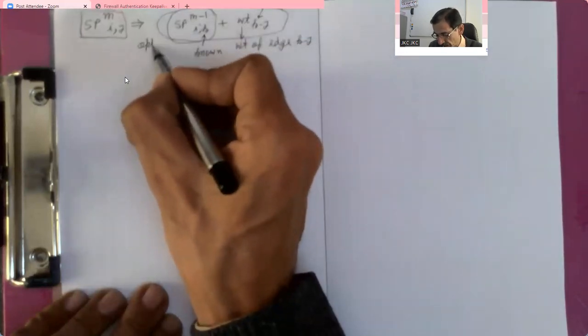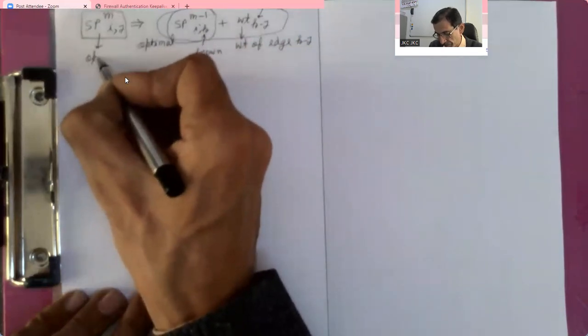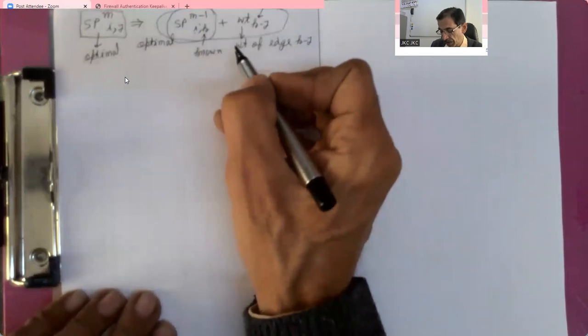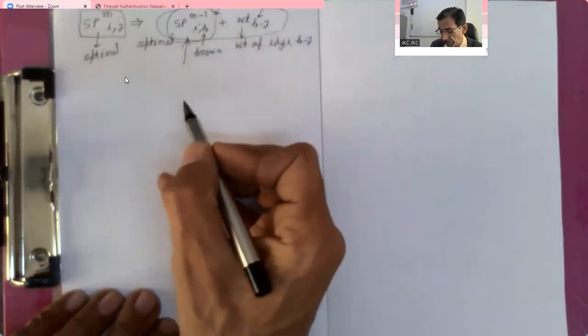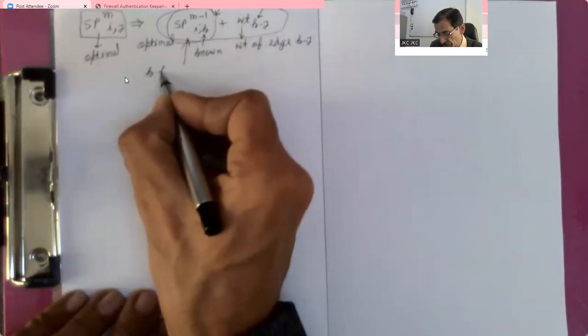Collectively, this should be optimal if I want my answer to be optimal. Of course, that means this can be a recursive call, solved recursively. And for the overall answer to be optimal, k should be the best. K has to be best.